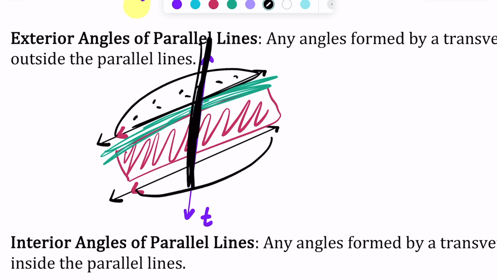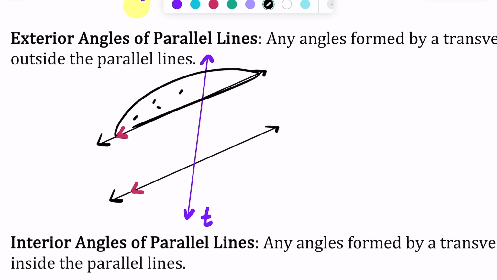Now, when I take a look at this, my buns are made from those parallel lines. And when I talk about a sandwich, I think it's really clear when I say what's inside my sandwich, or what's between the 2 buns. I'm going to be using that analogy when I talk about interior angles and exterior angles here, because I feel like it's a really clear way to help interpret this.